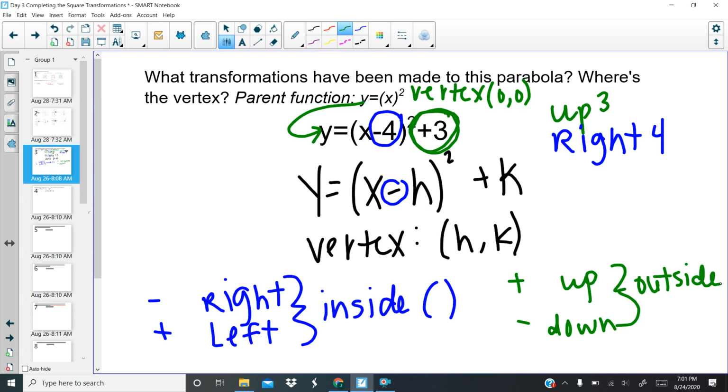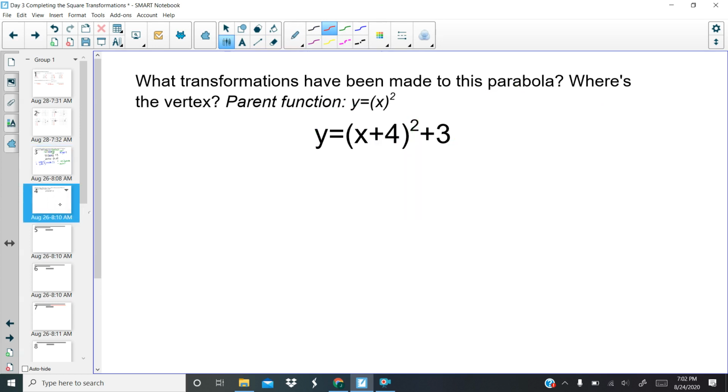Of course, if there was a negative sign out front, then it wouldn't move it, it would reflect it over the x-axis. There are other types of transformations, but for the purposes of this one, it's just been moved up 3 and right 4. So then moving on to this one, very similar.